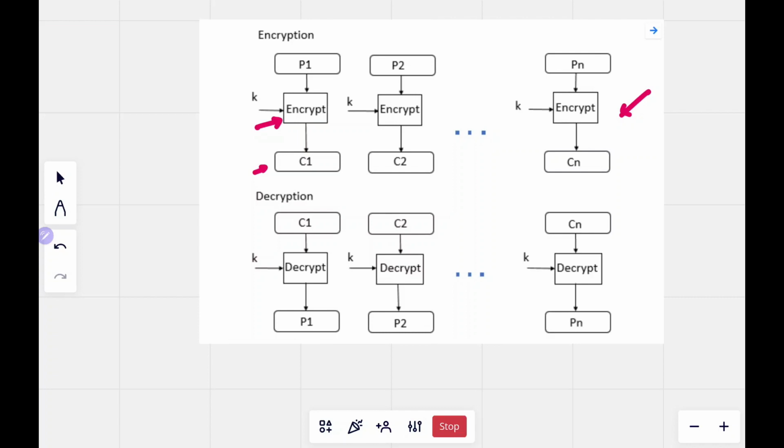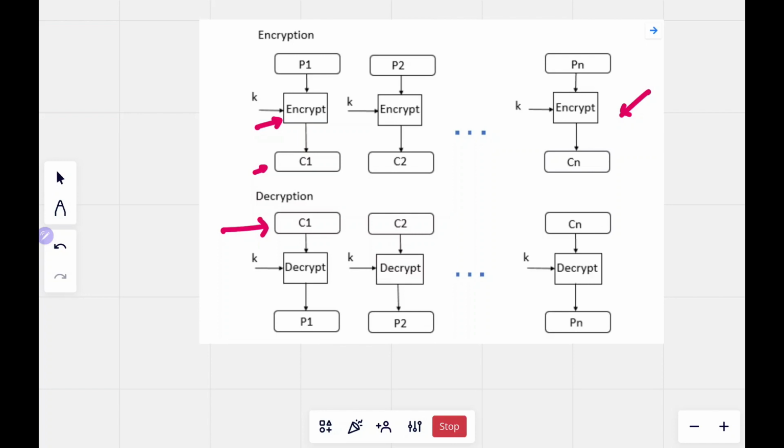The decryption again goes in the exact reverse fashion. Instead of the plain text as the input, now the ciphertext becomes the very first input for the first block. It is again treated with K as the key, and we get P1 as plain text. With C2, we get P2 as the plain text, again keeping the key K constant.